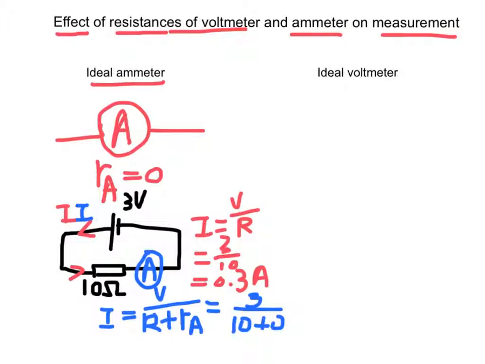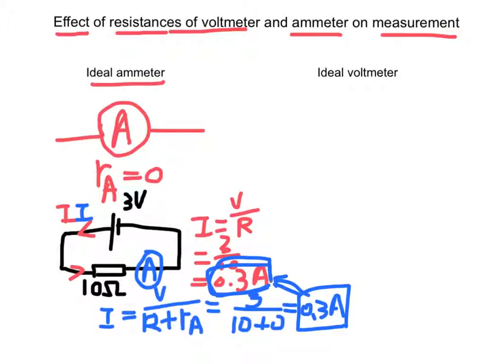The current reading is equal to 0.3 ampere, which is the same as the actual current. That means the ammeter reading is exactly the same as the current passing through the resistor R.